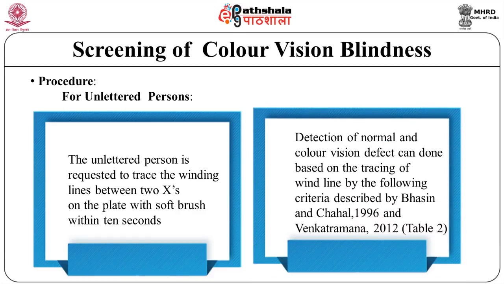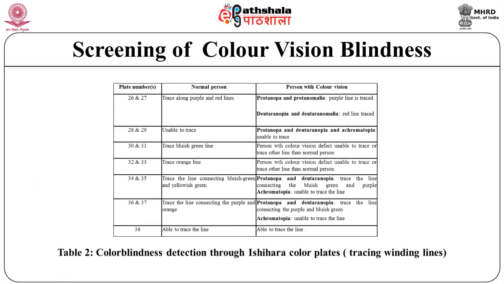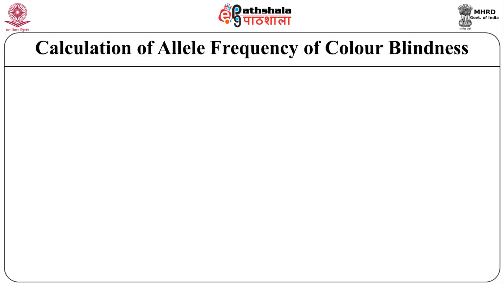Detection of normal and color vision defect can be done on the basis of the tracing of the winding line by following criteria described by Bhasin and Chahal in their work in 1996. The next table indicates the difference in the color vision of a normal and a colorblind person by tracing winding lines in Ishihara color plates.